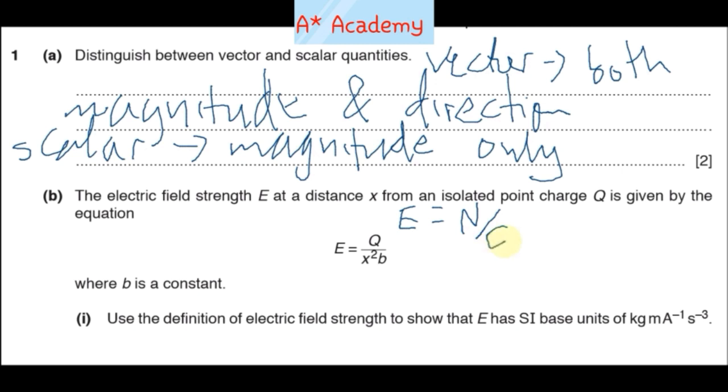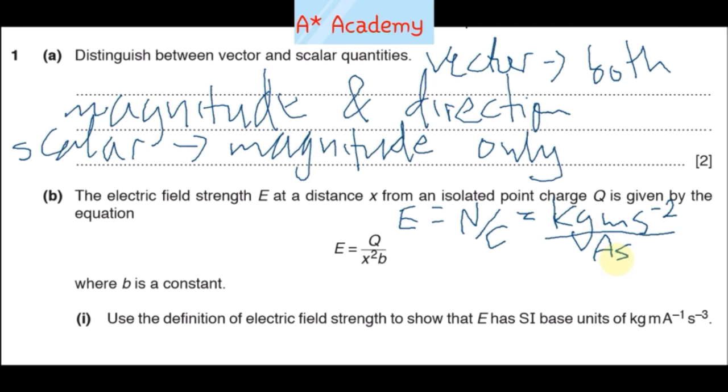And newtons, force, is mass times acceleration, so we can write that in SI base units as kg m per second squared. That is force. Then coulombs, charge, is current times time, which is ampere seconds.